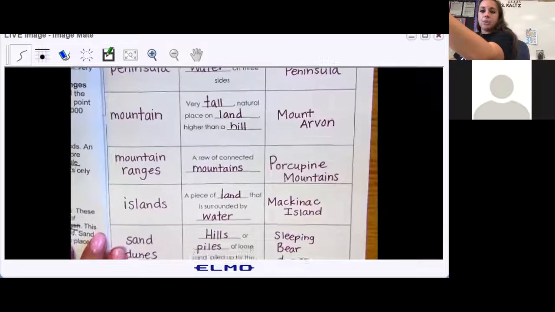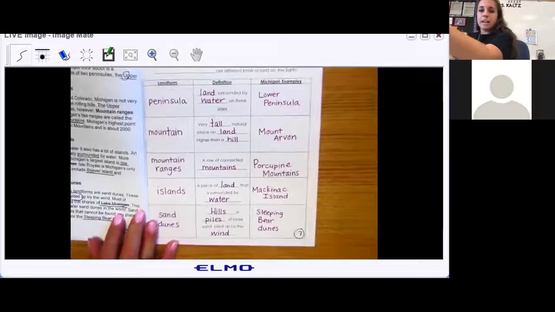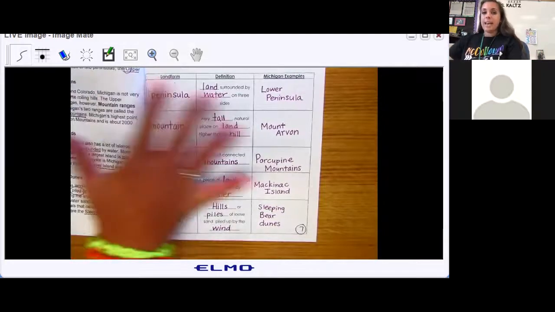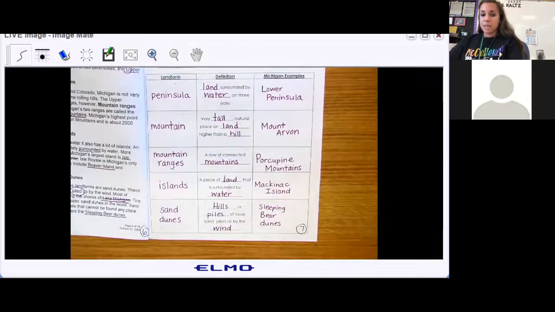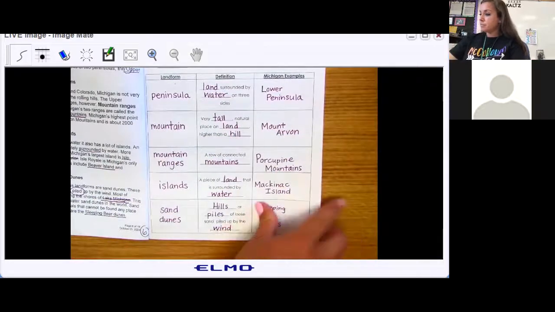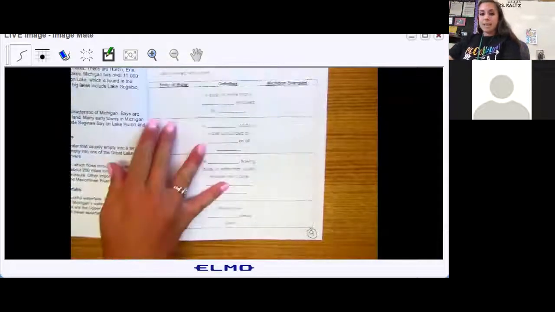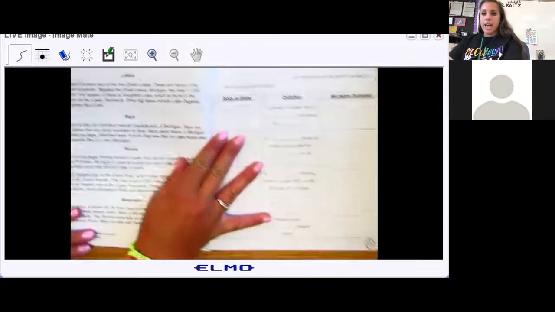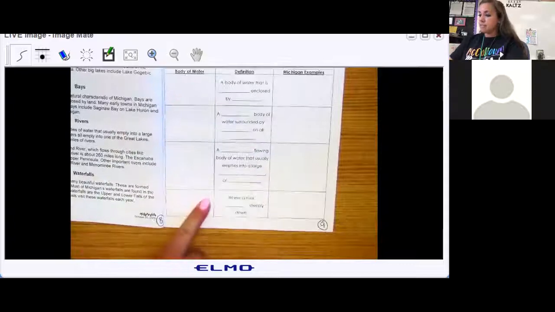Okay, again, don't worry about the top. We are going to fill out the top together in our next live lesson. For now, make sure you understand how we read it and how we filled it out, because your next assignment will be to read the next page and fill out this section.